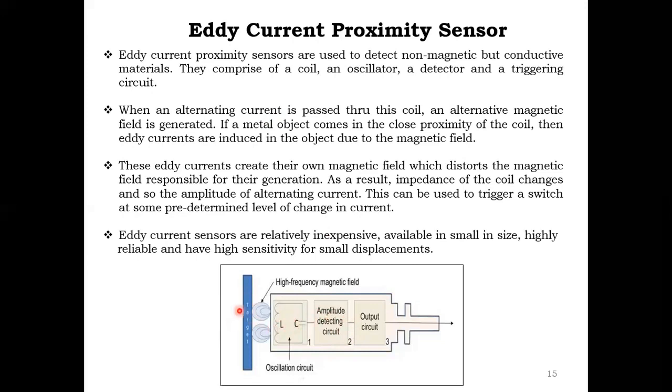Then it will produce some eddy current. That eddy current produces a magnetic field that will affect the input section. Using the changes in this LC value, we can amplify the detecting circuit value, then output, and then we can calculate the variations. That is the distance between the proximity sensor and the material.